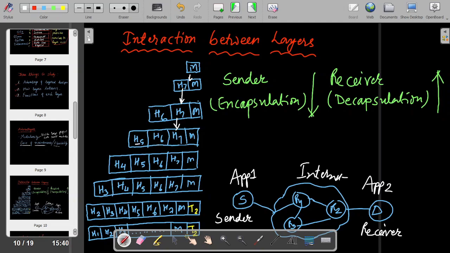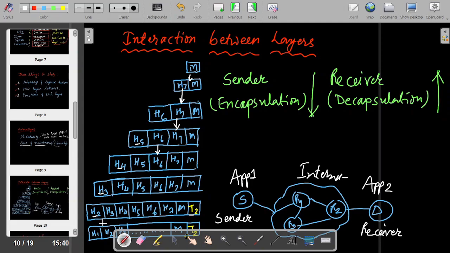Again, the entity goes to the transport layer, it attaches header H4, the network layer attaches header H3. Finally, this entire thing goes to the data link layer. The data link layer attaches a header as well as a trailer. Now, it goes to the physical layer where the physical layer attaches its header.